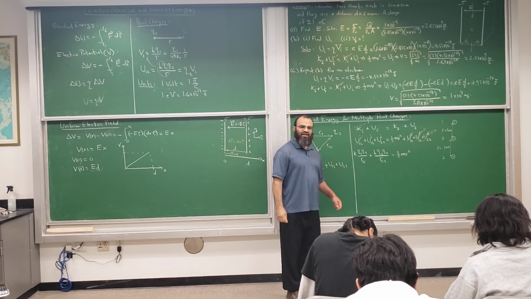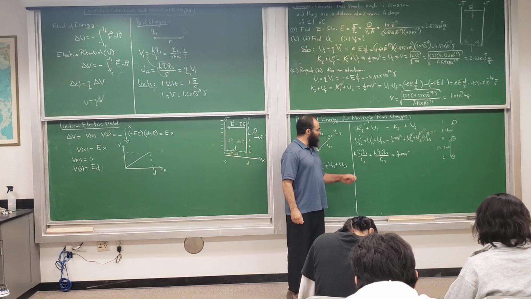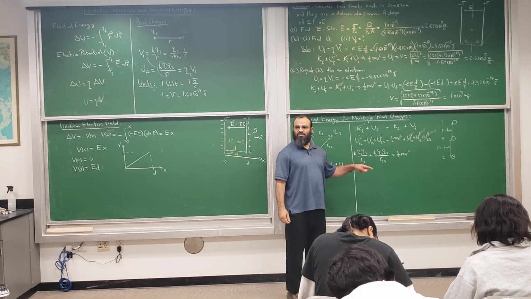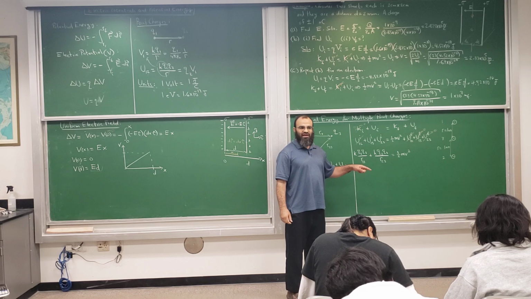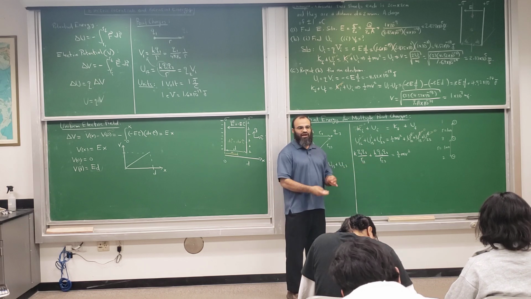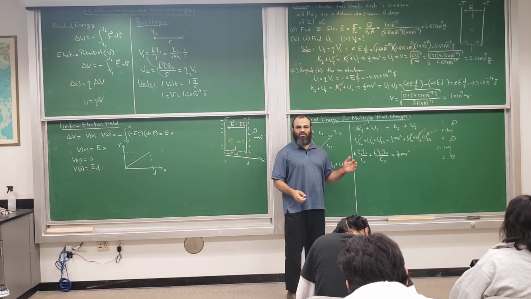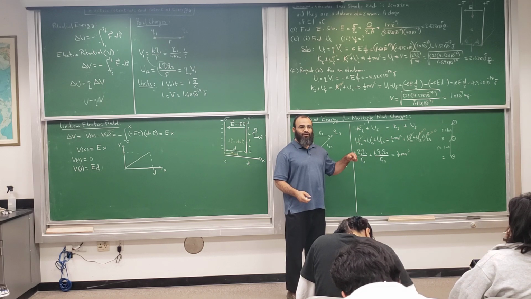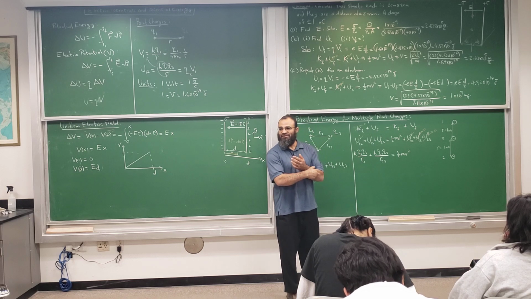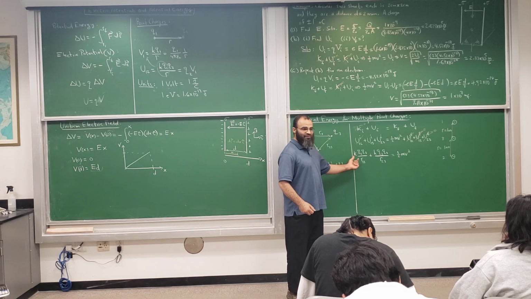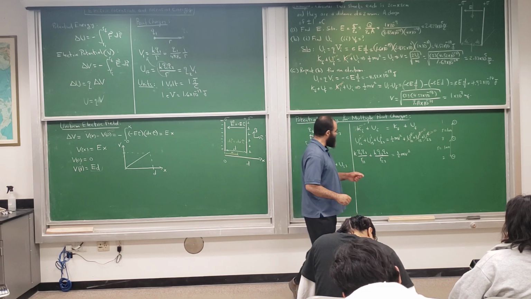By the way, when you're about to plug in numbers, it's more convenient to use K than 1 over 4 pi epsilon naught, because K is 9 times 10 to the 9. If you plug in 1 over 4 pi epsilon naught, you have to plug in the 4 and the pi and multiply by epsilon naught and do 1 over, only to get what? K, 9 times 10 to the 9. So why do all that when you can just put K?